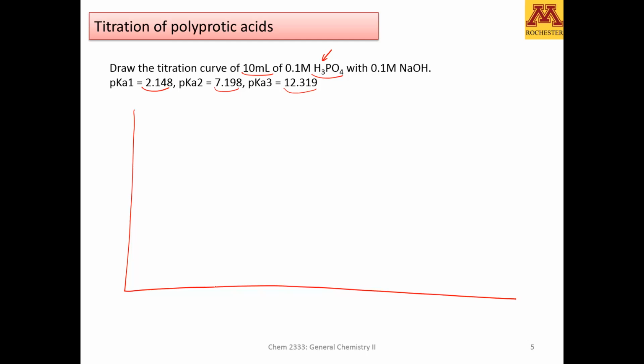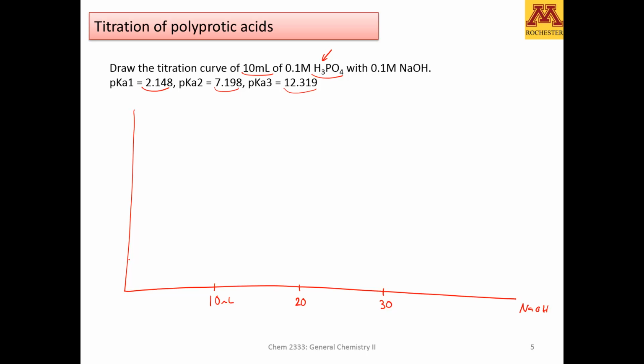So the first equivalence point will take place at 10 milliliters of sodium hydroxide. You will have a second equivalence point, so 10 plus 10 should be 20 milliliters, and finally a third equivalence point, 30 milliliters.